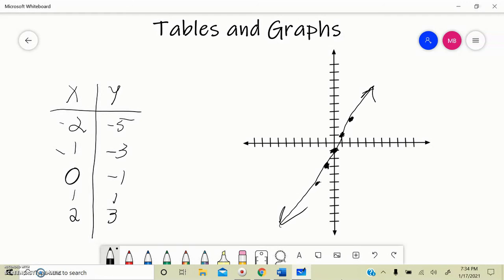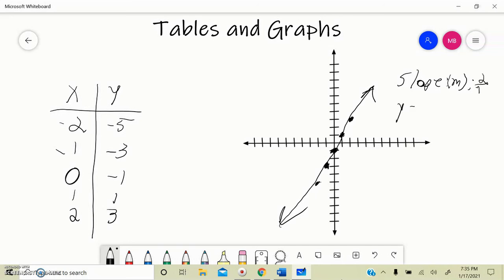So, but now I can also look at this graph and determine what the equation is. So I can see, okay, I can look for my slope, which is going to be my m. And it looks like I rise 2, go over 1. So I'm 2 over 1.